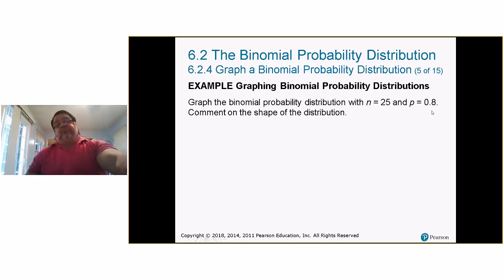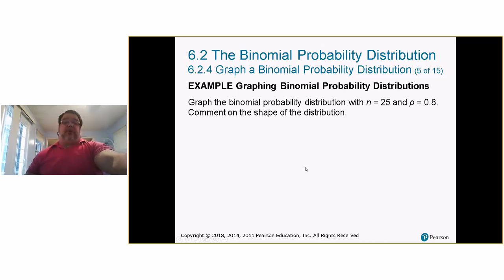It's 2. Okay, so the mean is 20, and the standard deviation is 2. That's what I care about.